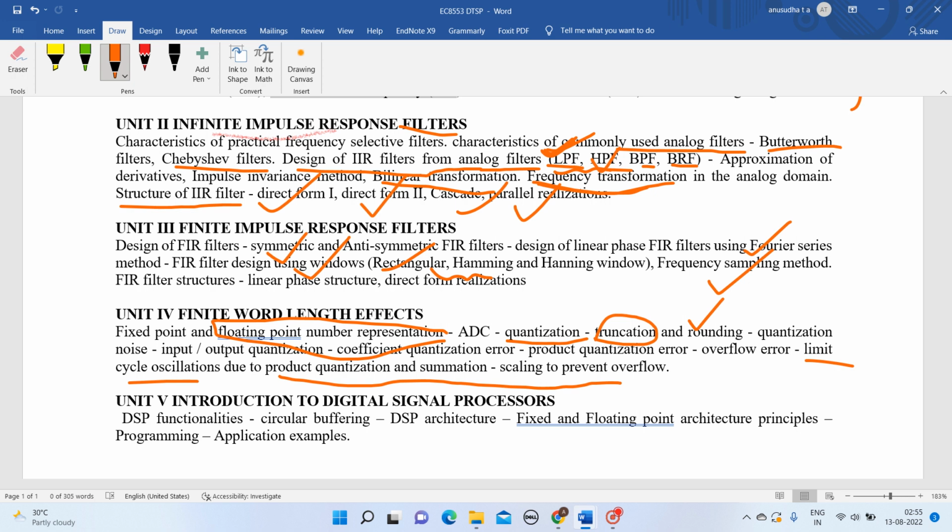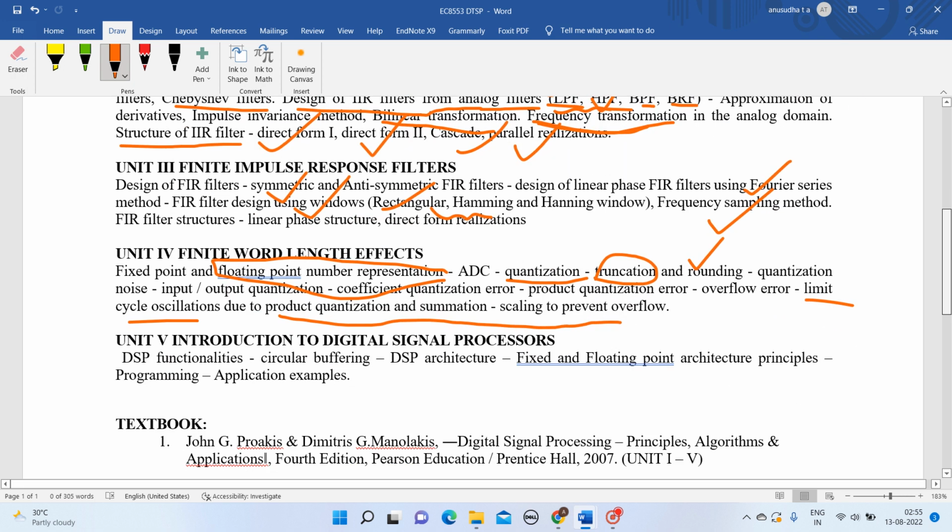Another question comes from input, output or coefficient quantization error, and usually you will get a question from the product quantization error. Sometimes they will ask coefficient quantization error also.